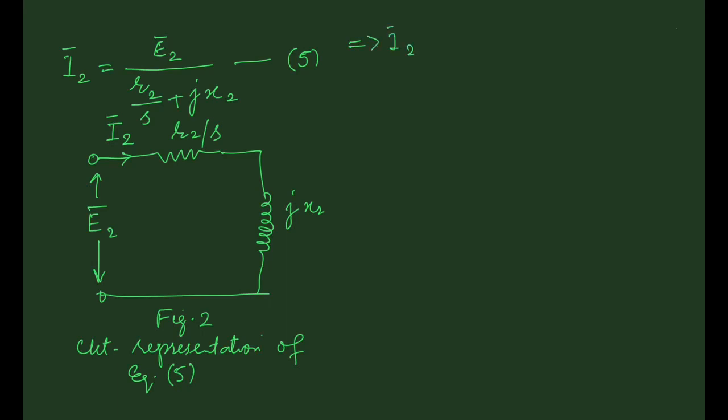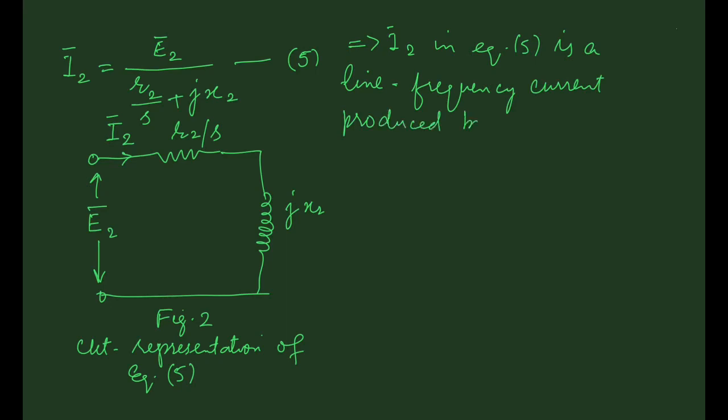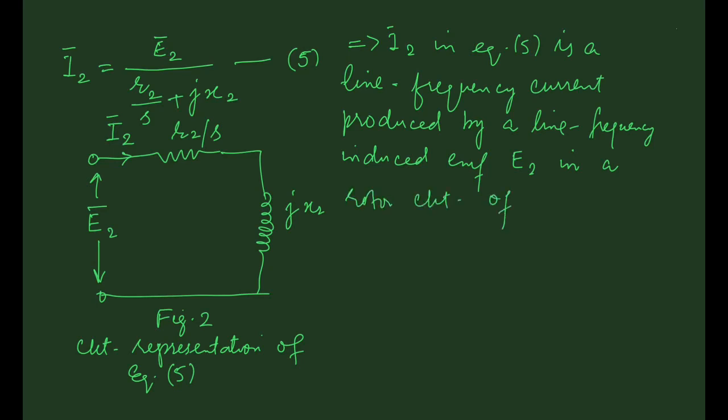I2 in equation 5 is a line frequency current produced by a line frequency induced EMF E2 in a rotor circuit of impedance R2 by S plus jX2 per phase.